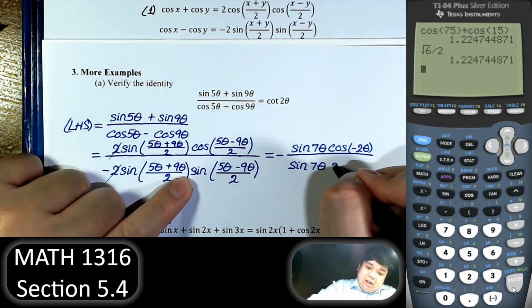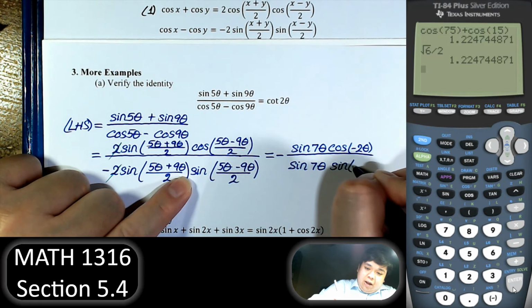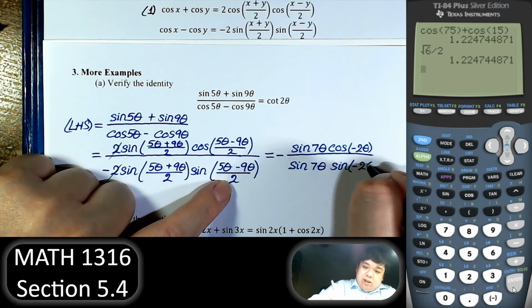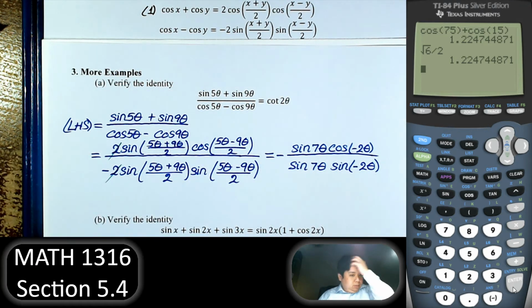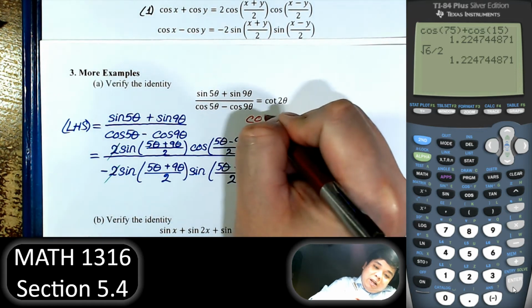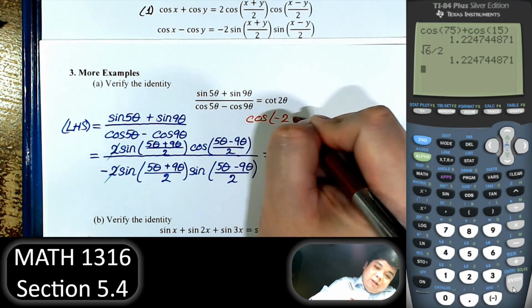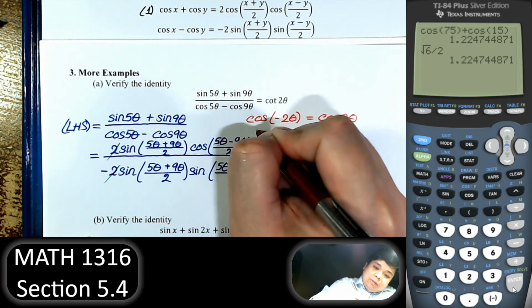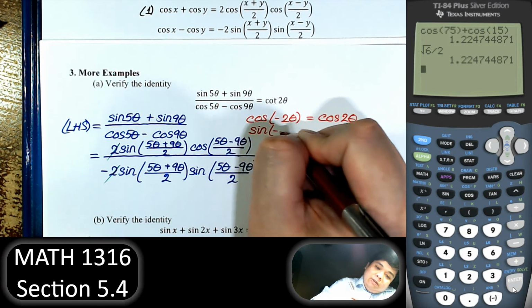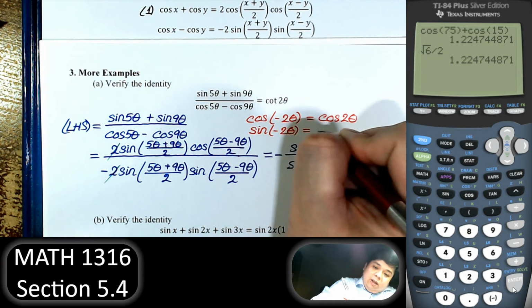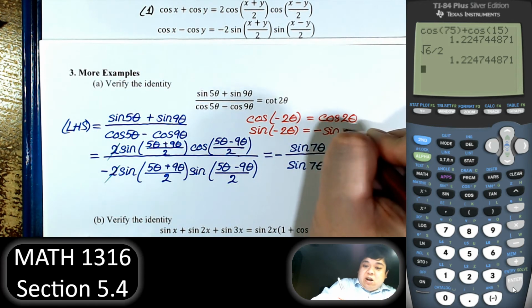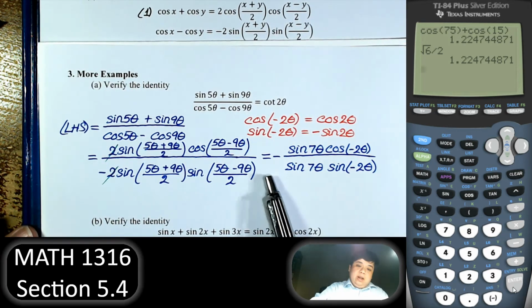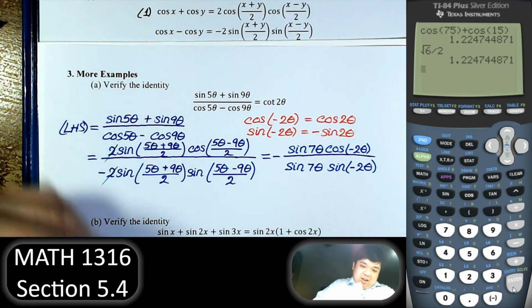And then sine of negative 2 theta. Next, cosine is even, sine is odd. So cosine of a negative is equal to cosine of a positive. Sine of a negative is equal to negative of a sine, because sine is odd. So at the bottom we have an extra negative sign.